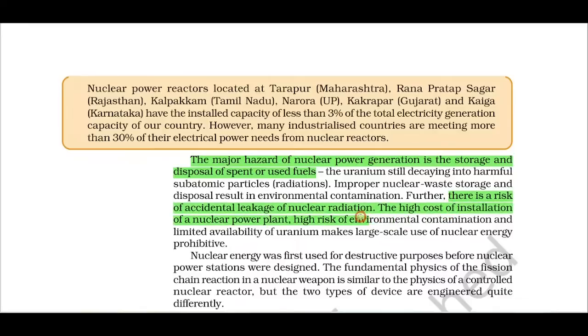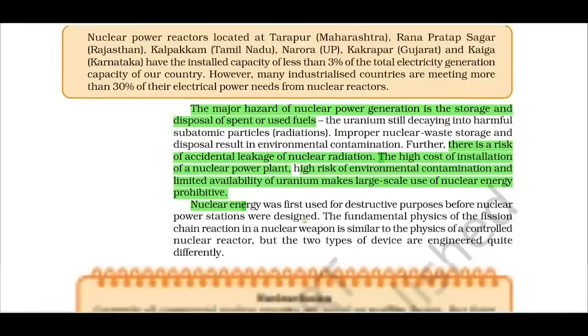There is also a risk of accidental leakage of nuclear radiation, the high cost of installation of a nuclear power plant, a high risk of environmental contamination, and limited availability of uranium, which makes large scale use of nuclear energy prohibitive. These are the disadvantages of using nuclear energy.